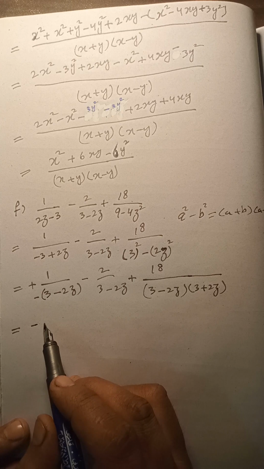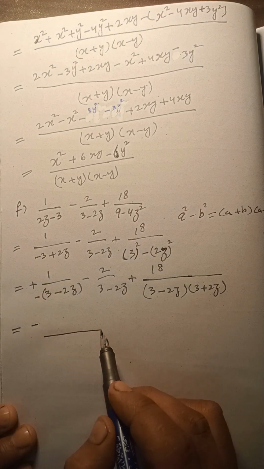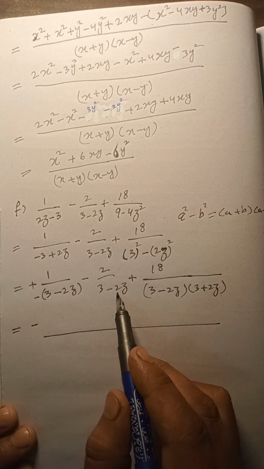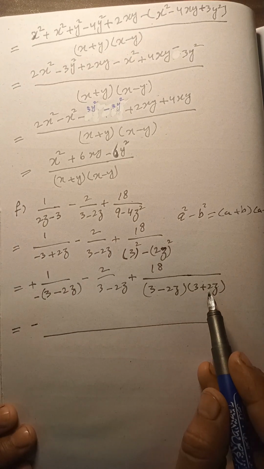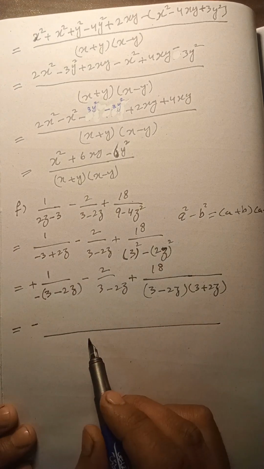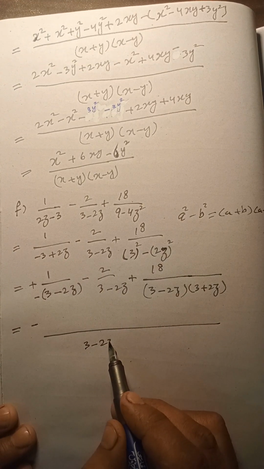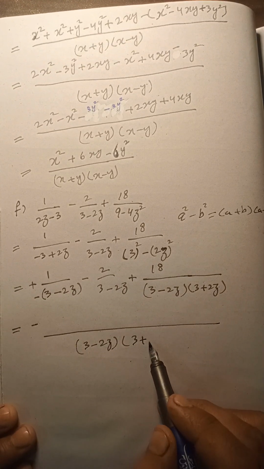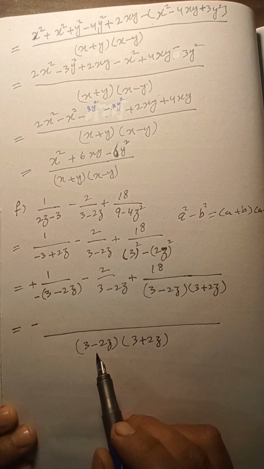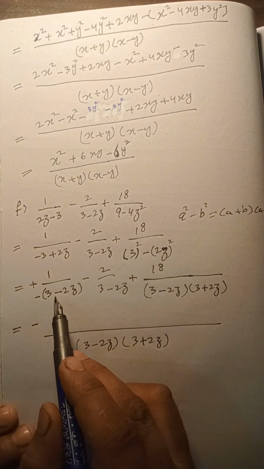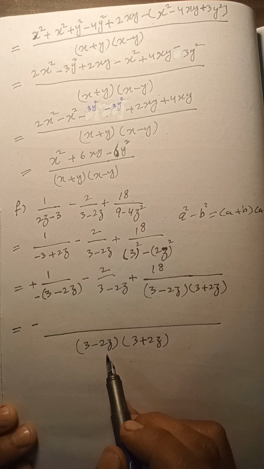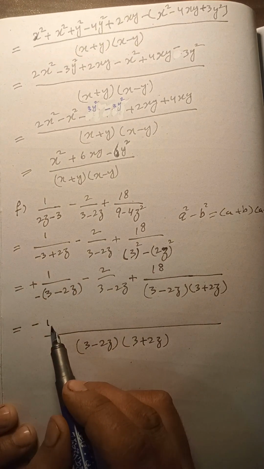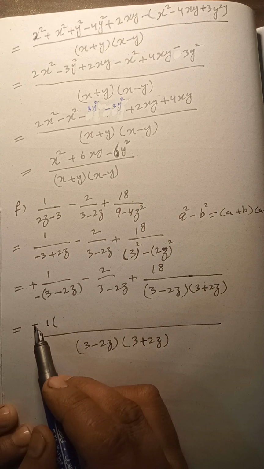And we have to find the LCM of these, 3 minus 2z, 3 minus 2z, 3 minus 2z and 3 plus 2z. From all of them, 3 minus 2z is common, and 3 plus 2z is not common. Now divide this one by this number, this will be cancelled and this will be our answer. So write it here along with this minus sign.